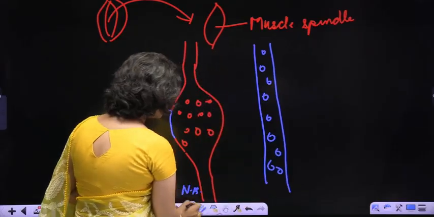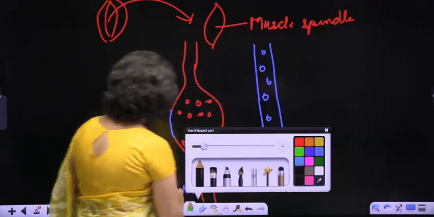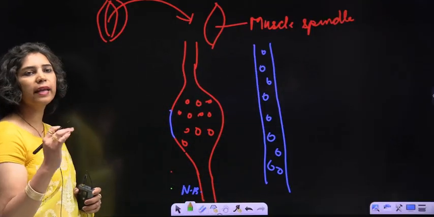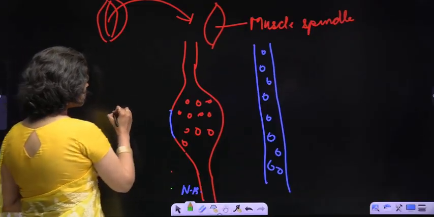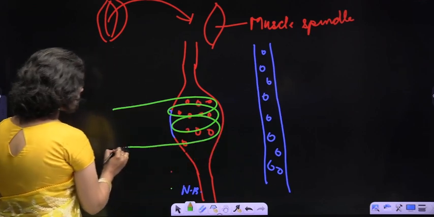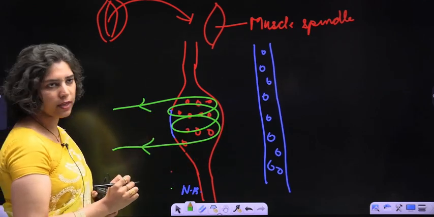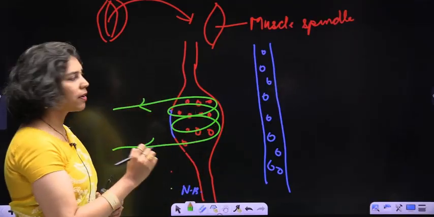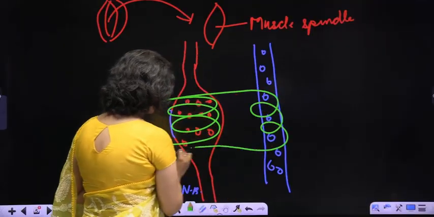Now about the nerve supply, first of all, the afferent fibers. I told you these are 1A fibers and type 2 fibers. 1A fibers take the impulses from the central part of the nuclear bag fibers, especially the dynamic nuclear bag fibers, and the nuclear chain fibers.